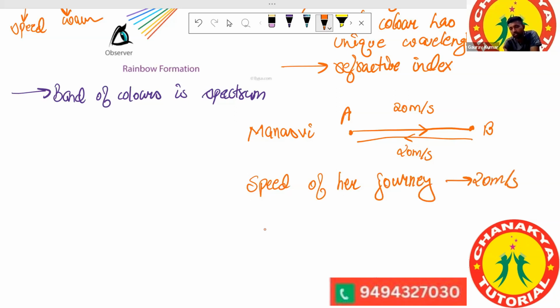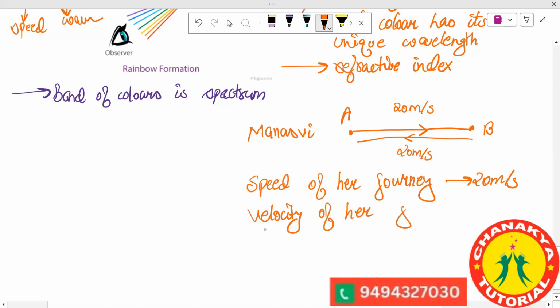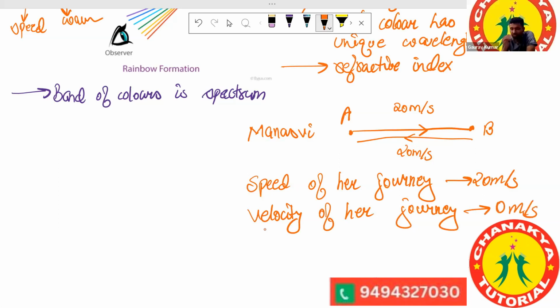Now I ask, what is the velocity of her journey? Is it 0? Correct, it is 0 meters per second, because there is no displacement. When you move in a circular path, you start from a point and come again to the same point.